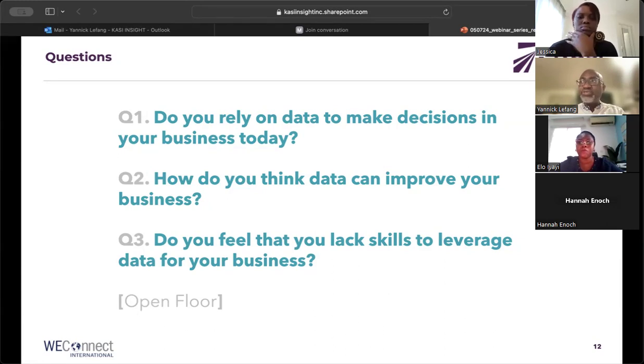So let's say you have a mom and pop shop or a retail business, you may have some data already through your POS system. You may have data through your accountant, for example. And so you can pull data from these systems. But even in those cases, it's always good to integrate it in a spreadsheet, because you can get different data from different sources, put it together, and have a summary of your data so that you can make those decisions.